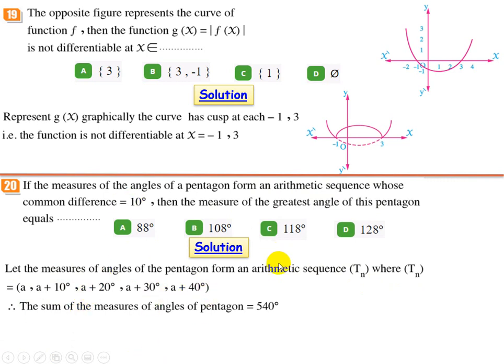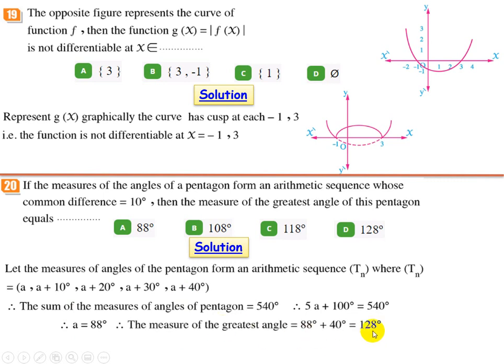The sum of the measures of the interior angles of the pentagon is n minus 2 times 180, 5 minus 2 times 180, which equals 540. So their sum, 5a plus 10 plus 20 plus 30 plus 40, which means 100, equals 540. So from this equation a equals 88. So the greatest angle is a plus 40, 88 plus 40, which will be 128.